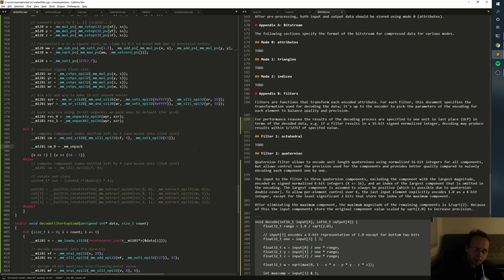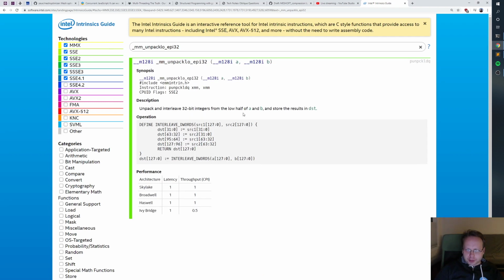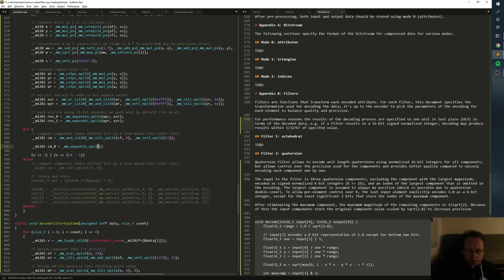I suspect the best way to do this is this guy, which I can never remember the order of these things. Let's see, so it takes the first, this unpacks the low half.